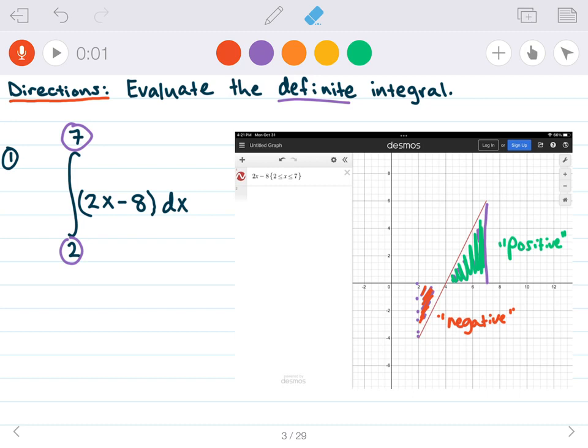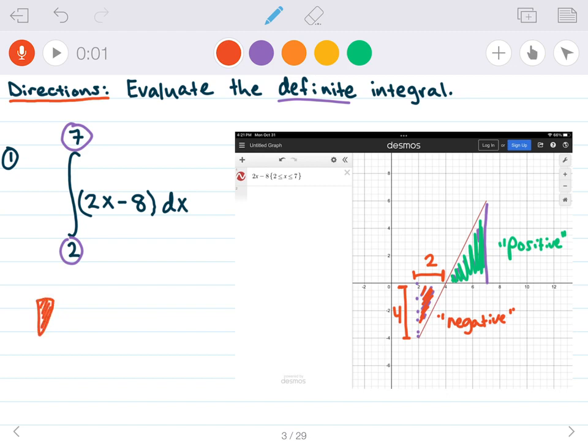So let's go ahead and just compute this like we normally would. Base times height over 2. It's a triangle, right? And so the base here is 2, and the height is 4. And so for my first piece, so for this piece, let's draw it the other way.